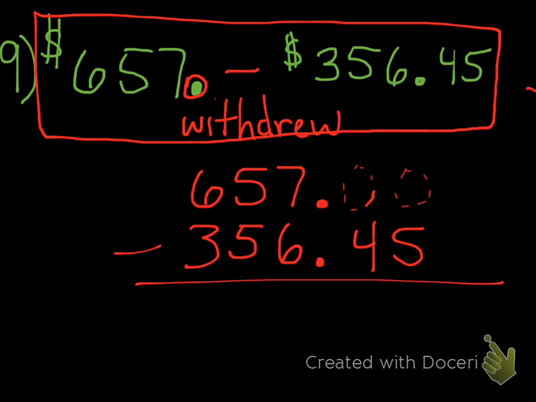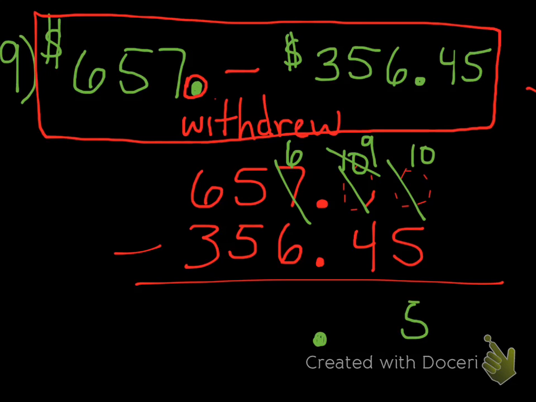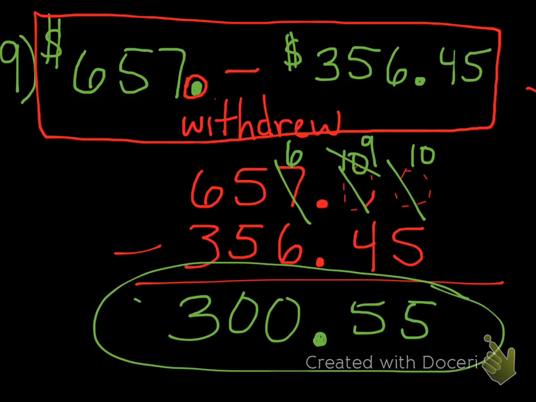It's subtraction, but this should be pretty simple. You guys know how to borrow. Also remember that the decimal comes straight down. Bring the decimal straight down, and here you go. And there's your answer. That is what we had at the end of the problem.